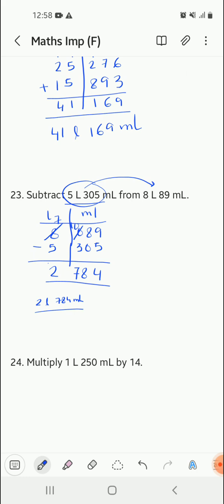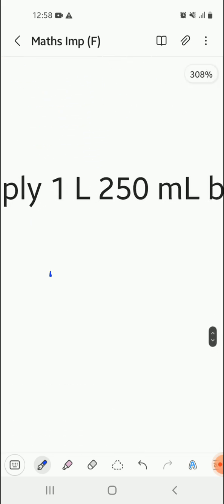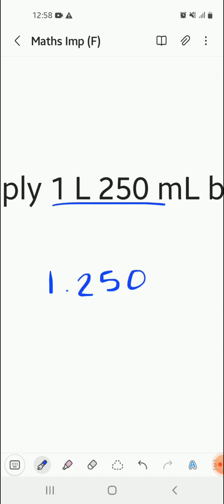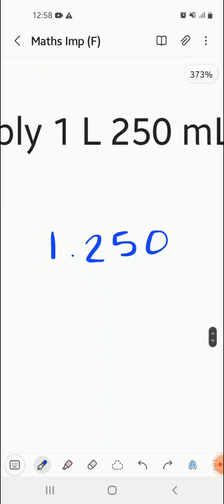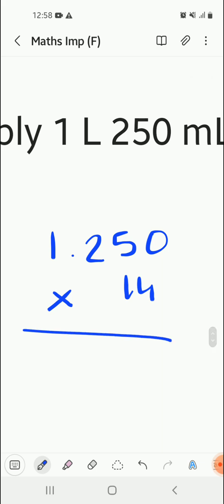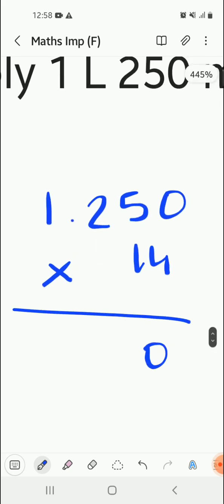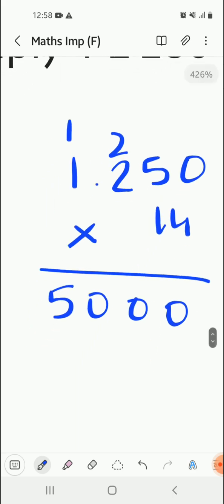Moving on to the next question, that is 1 liter 250 ml into 14. So let's do it. We are converting 1 liter 250 ml into 1.250, that is in liter, into 14. We'll do it in a simple manner. 4 into 0 is 0. 4 5s are 20. 4 into 2, 8 plus 2, 10. 4 into 1, 4 plus 1, 5.